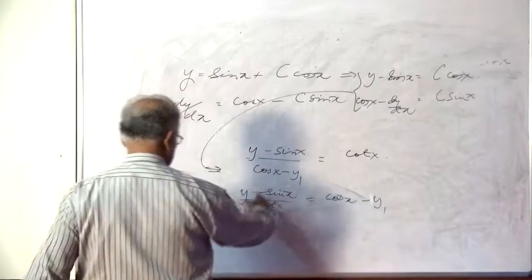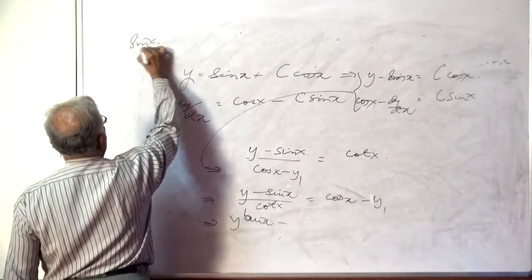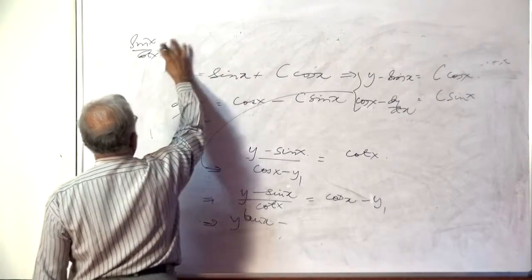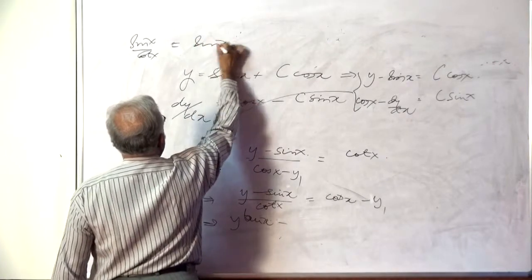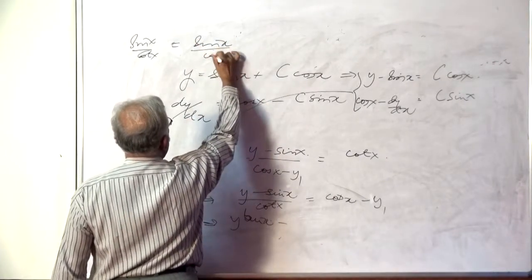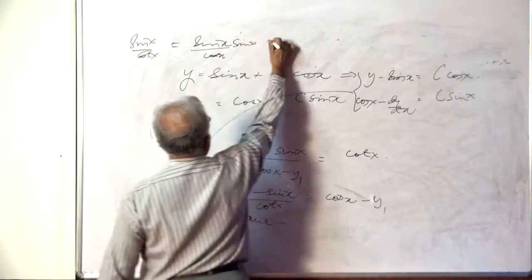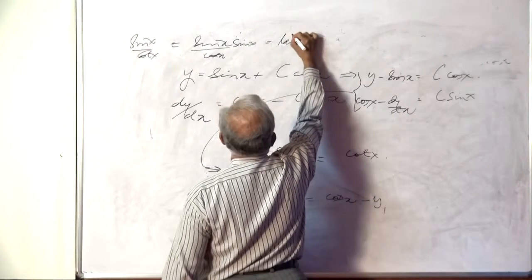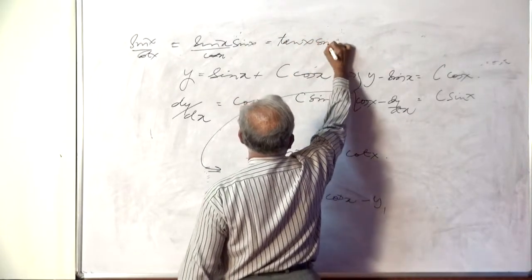Sin x by cot x is equal to, we can write, tan x sin x. That's simple actually.